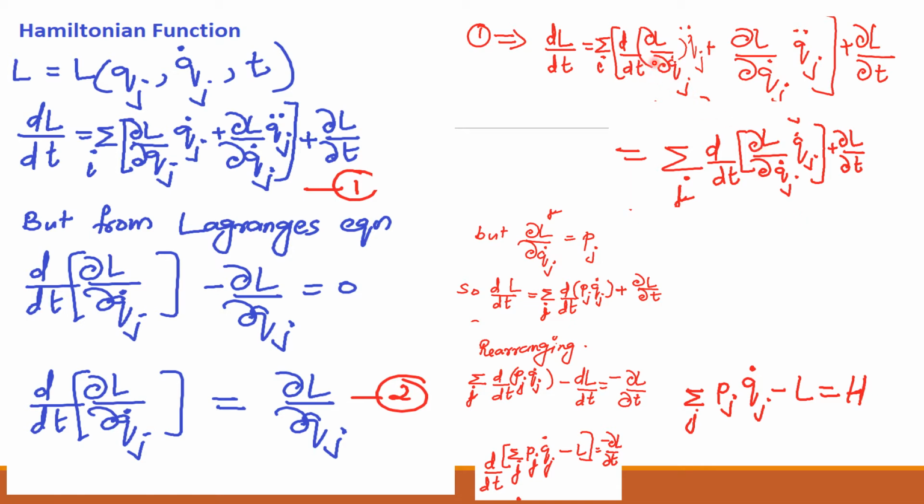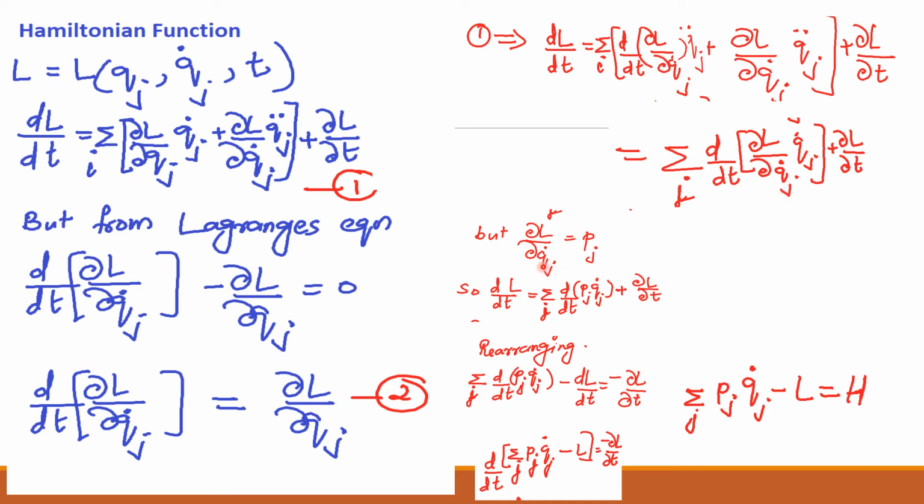The same rule applies here. The differential of the first function times the second function plus the first function times the differential of the second function. Using that rule, we simplified into this term.